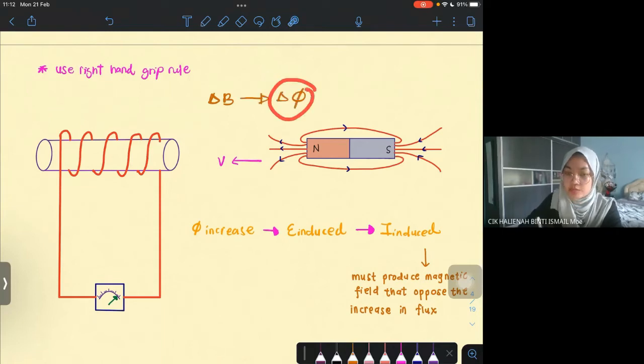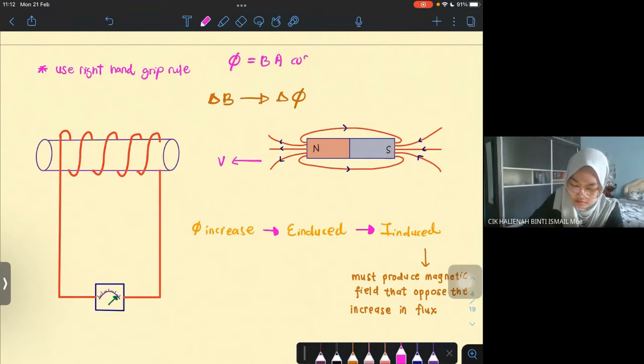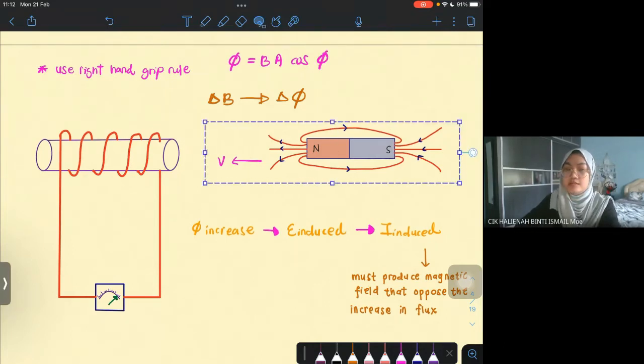Okay, magnetic flux, we learn it in first subtopic 5.1. Apabila ada perubahan dalam magnetic flux, since magnetic flux is BA cos theta, maka terhasilnya voltage, terhasilnya EMF.